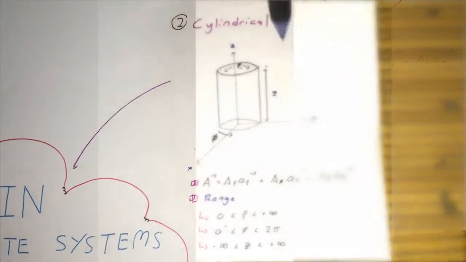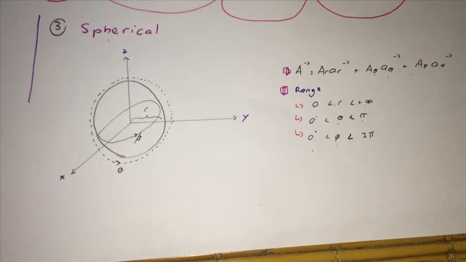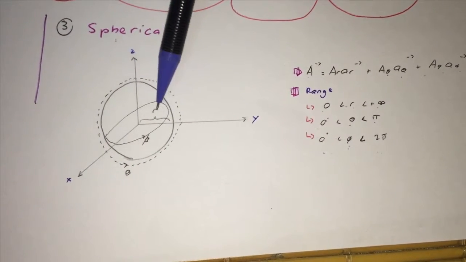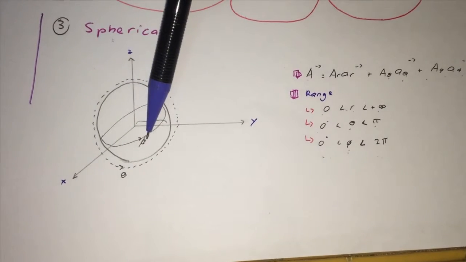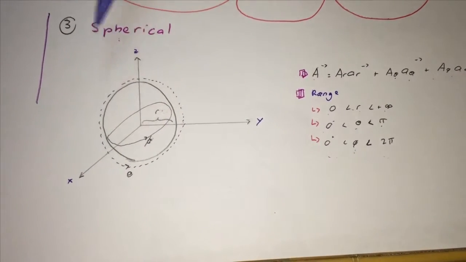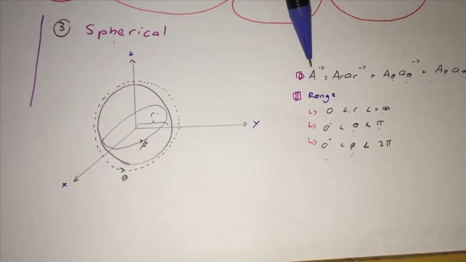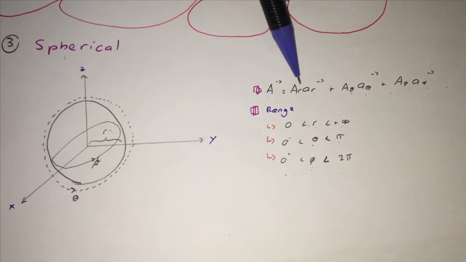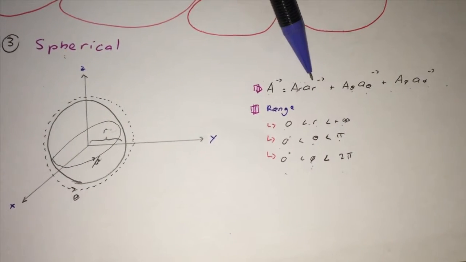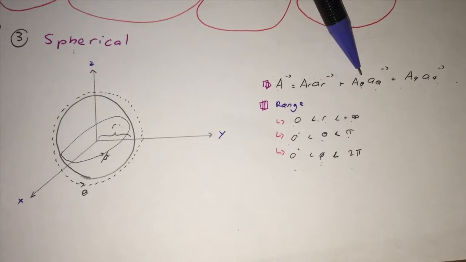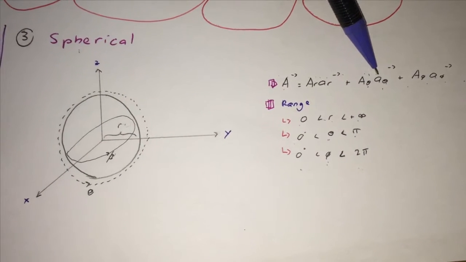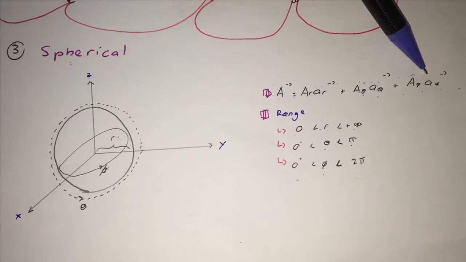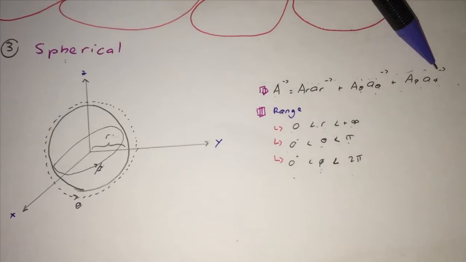For the spherical, for the main coordinate system, we must have radius, which is r, v and theta. The vector A for the spherical equal to AR times the vector of r plus A theta times the vector of theta plus A v times the vector of v.